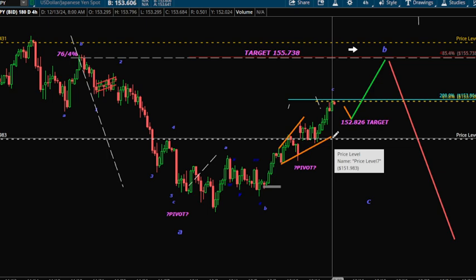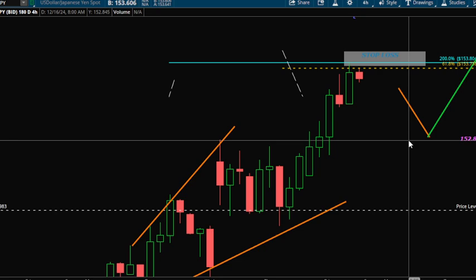Stop loss here, roughly around there, and then once it gets to this target down here, I would probably close the position and see how it reacts.